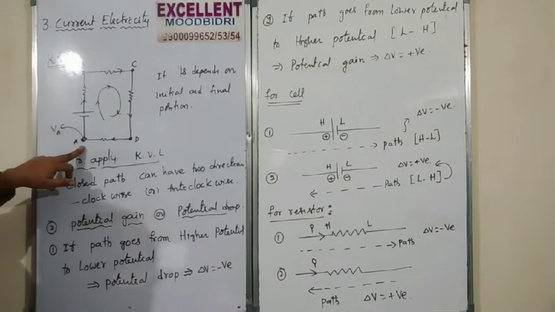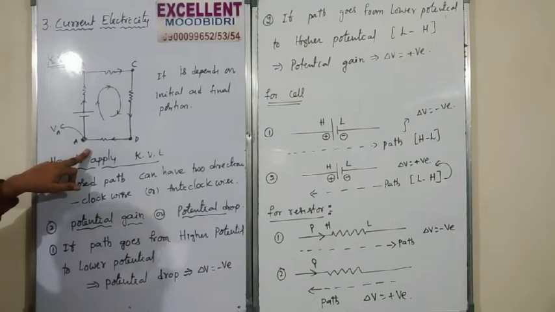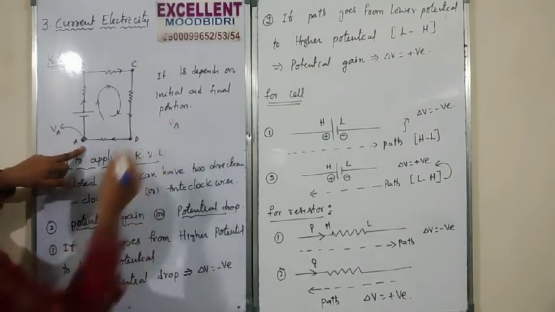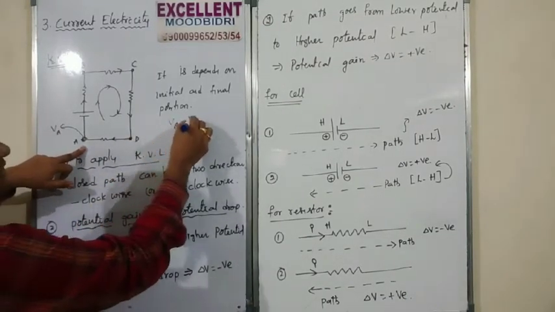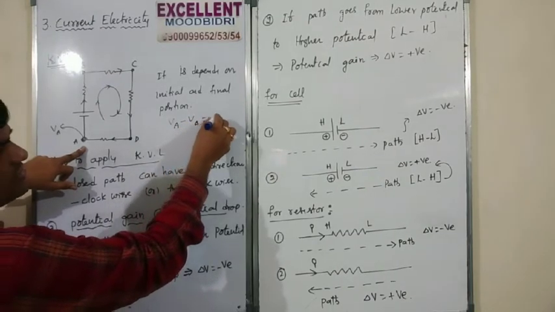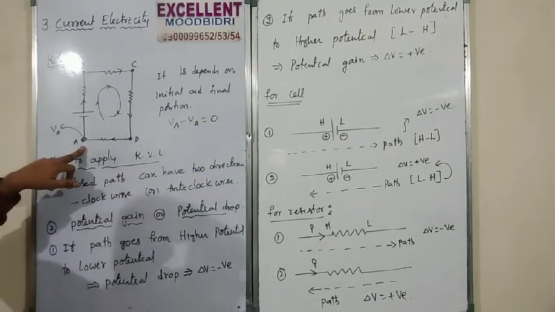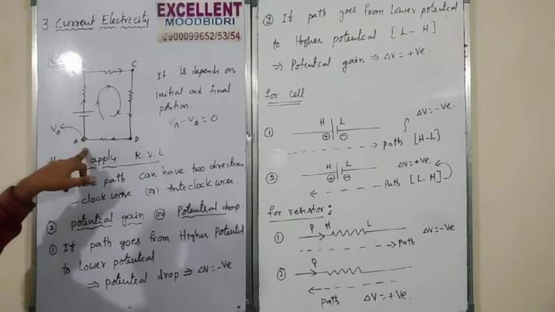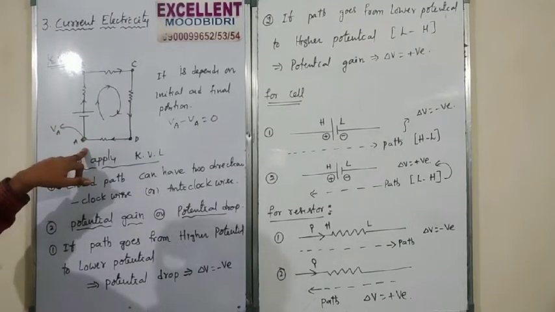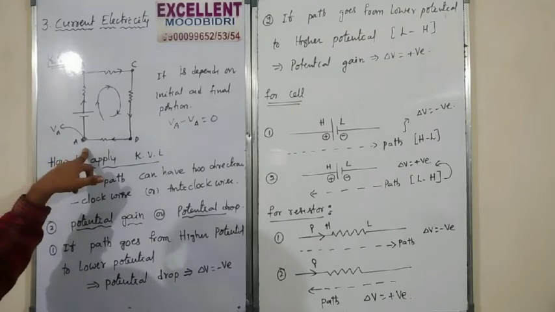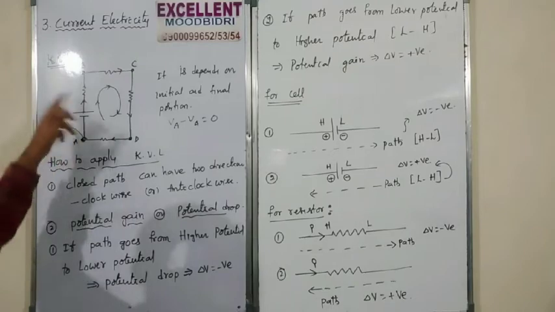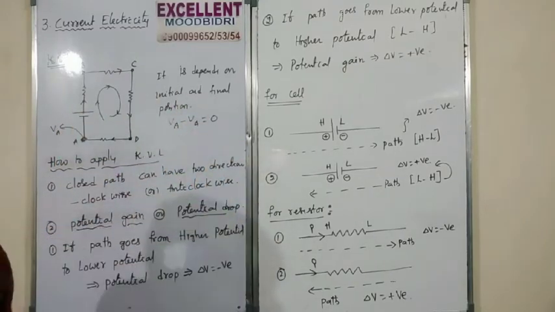The initial potential VA minus the final potential VA is equal to 0. Initial potential as well as final potential are the same. Therefore, the net change in potential in the closed loop is equal to 0.